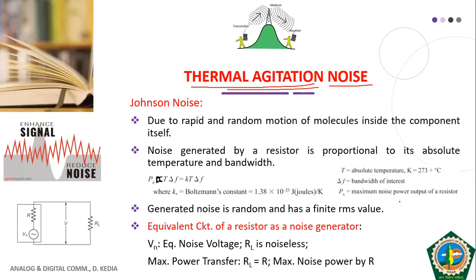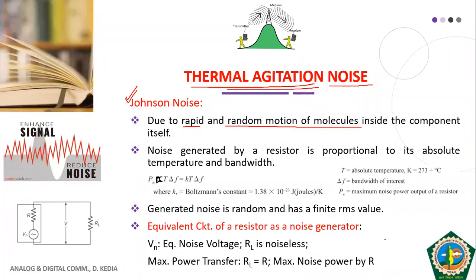Because of that kinetic energy, there is some thermal energy present in the atom and molecule. So this thermal agitation noise is due to the rapid and random motion of molecules. Molecules are not static, they are under continuous motion, which is random as well as rapid. So thermal agitation noise is due to the random motion of molecules inside the components. Another name for this thermal agitation noise is Johnson noise.